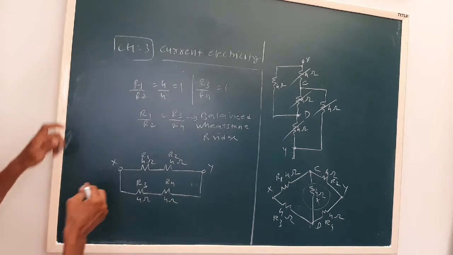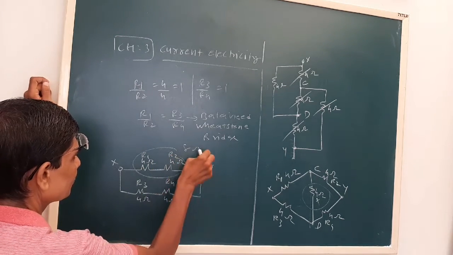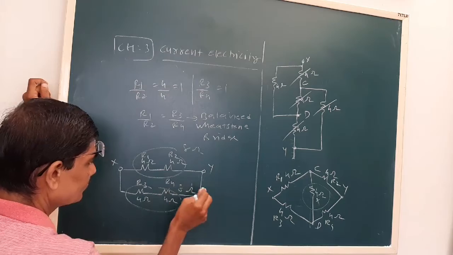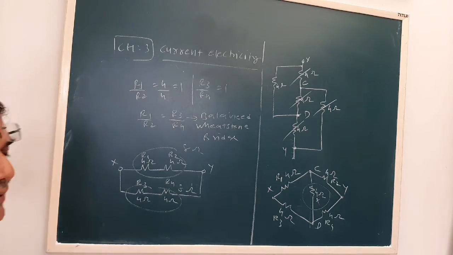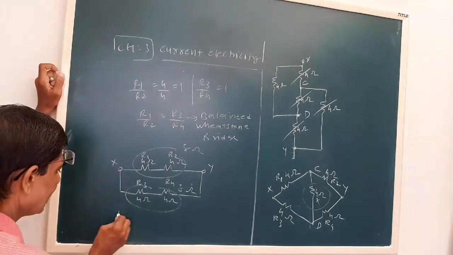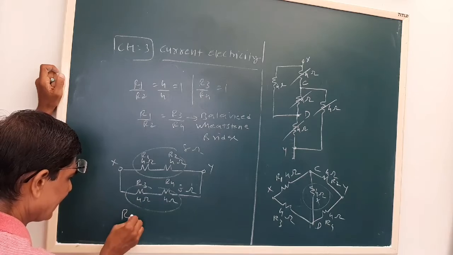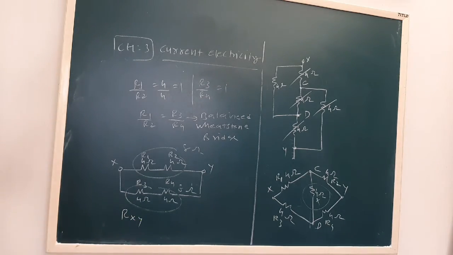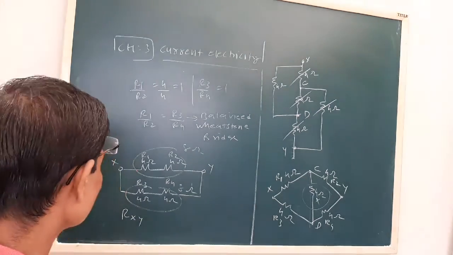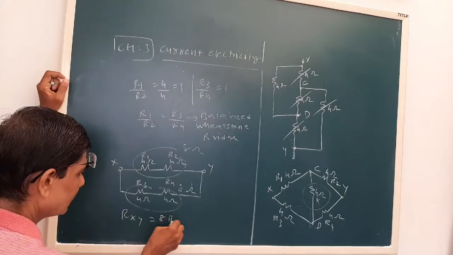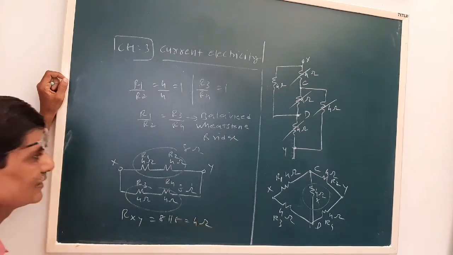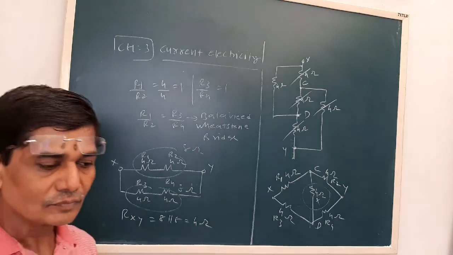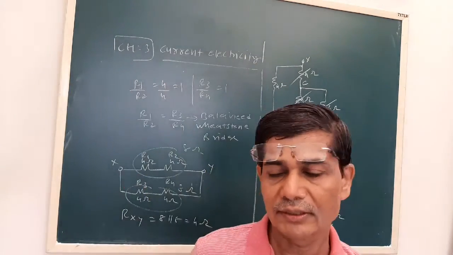Now totally here it is 8 ohm, here also 8 ohm. Now there are two resistors of 8 ohm in parallel, so we have to find out R equivalent, or RXY, the equivalent resistance between X and Y. So 8 parallel 8 will be 4 ohm. This is how we can solve this network.